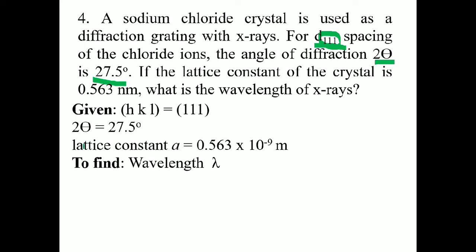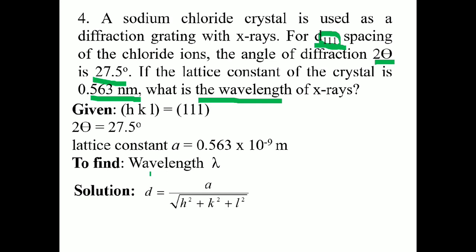We have to find out theta for calculation. If the lattice constant of the crystal is 0.563 nanometer, what is the wavelength of X-rays? So the given values are h, k, l, 2 theta, lattice constant. It is in nanometer, that's why it is converted. And the wavelength is to be found.